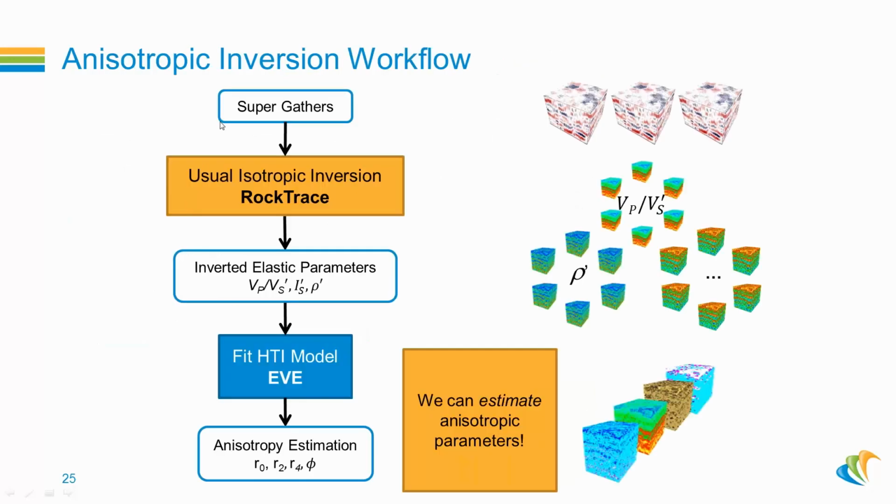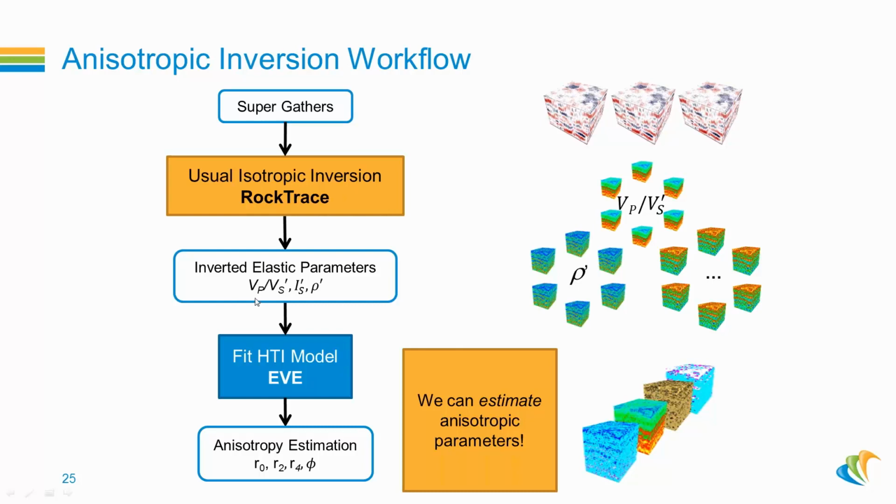So the anisotropic workflow is that we first make supergathers. For every azimuth we have a gather with an equal number of partial stacks. Then for every azimuth we do our usual prestack inversion, the adjacent prestack inversion called Rocktrace.